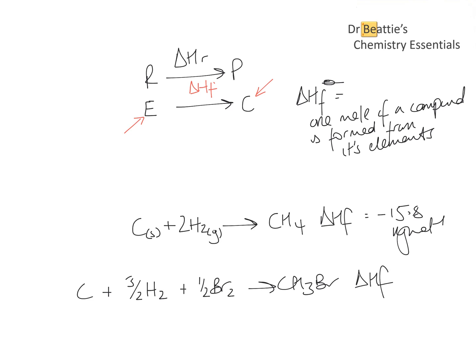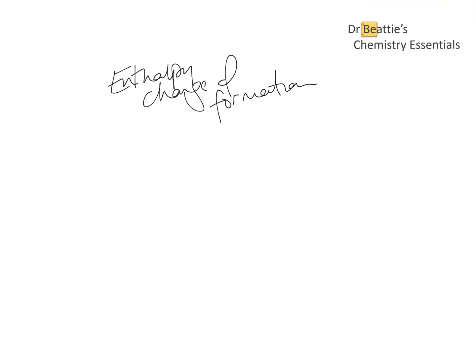for bromomethane. So usually a Hess's cycle that shows the enthalpy change of formation involves reactants going to products in this direction. But reactants and products themselves can be compounds and so can be formed from elements.